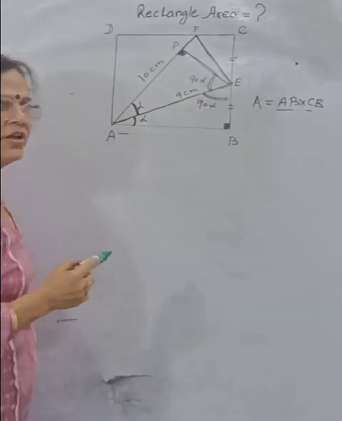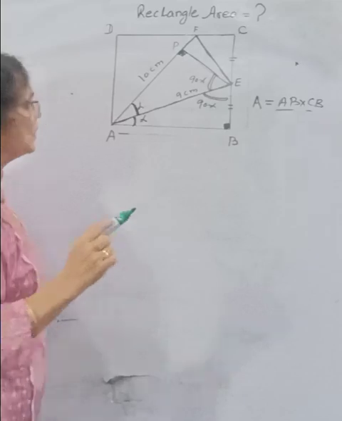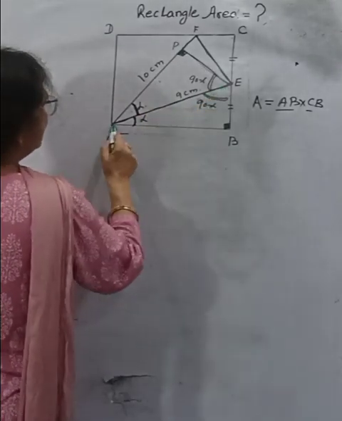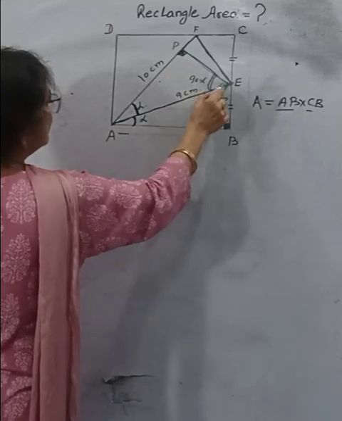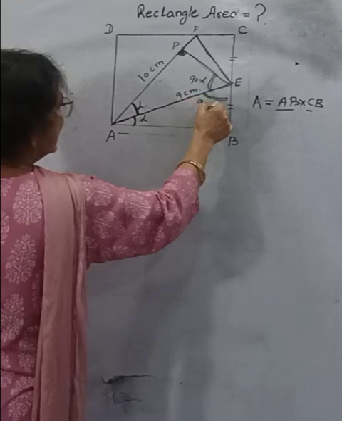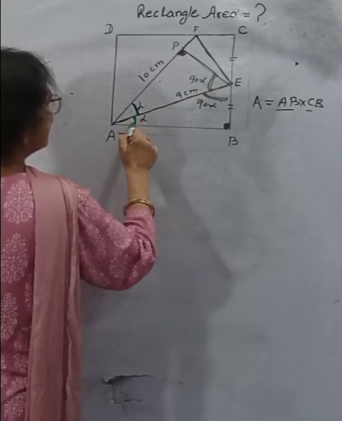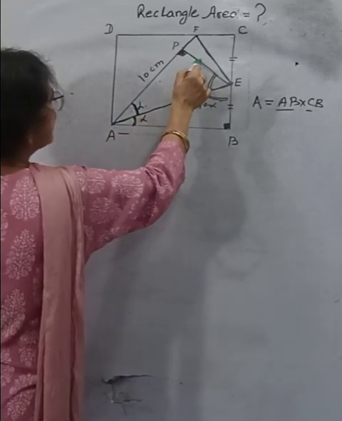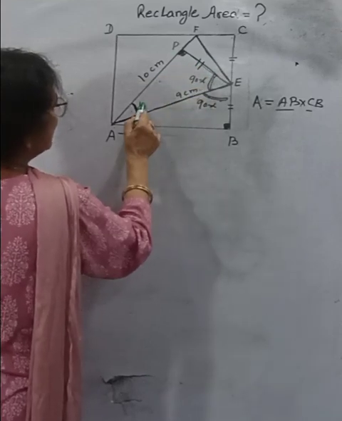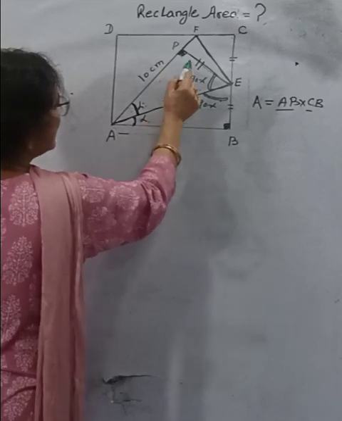It means they are similar by the angle similarity theorem. AE is common in both triangles, and this angle is equal to this angle. This angle is alpha, this angle is alpha, this is 90, this is 90.